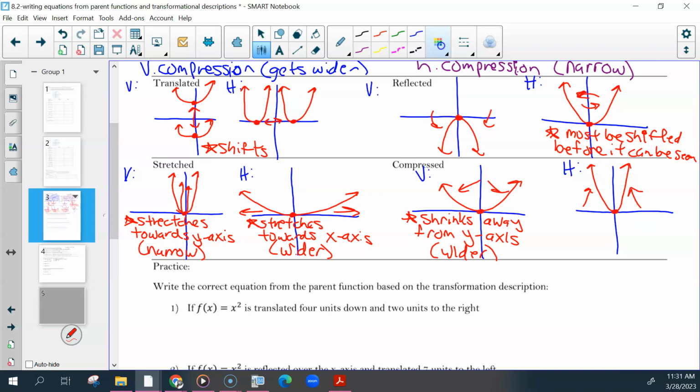So then that would be shrinks away from the x-axis. And then it gets narrow.